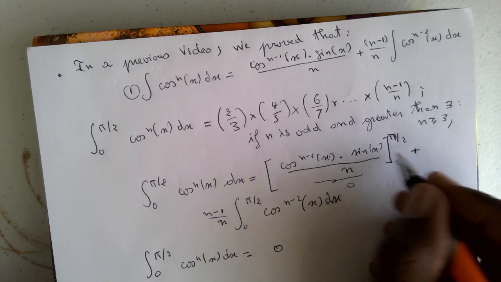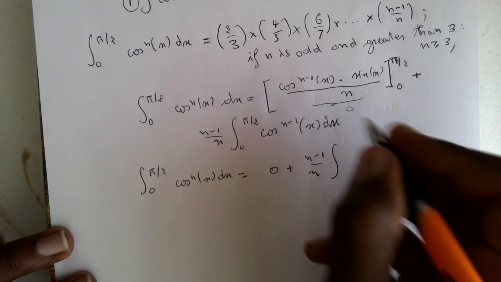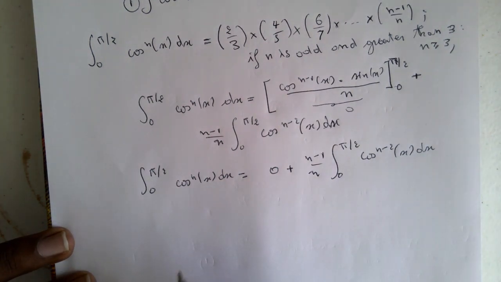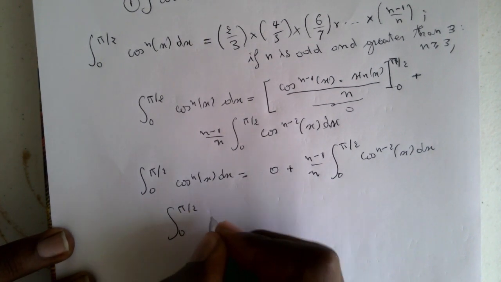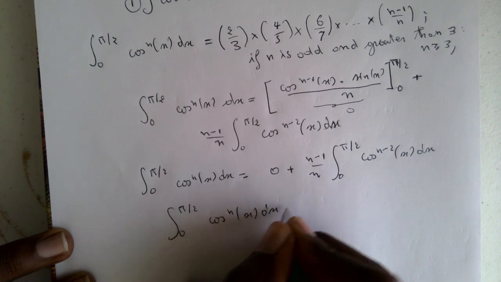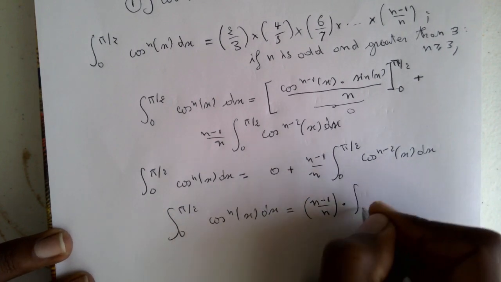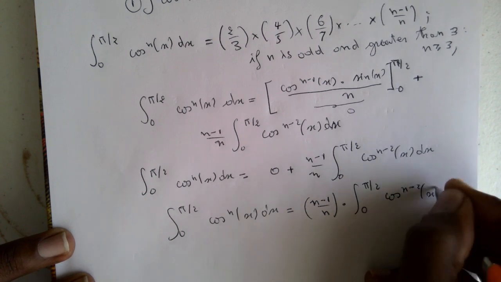The difference between two zeros is 0, plus n minus 1 over n times the integral from 0 to pi over 2 of cos to the power n minus 2 of x dx. It means that the integral of cos to the power n equals n minus 1 over n times the integral of cos to the power n minus 2.